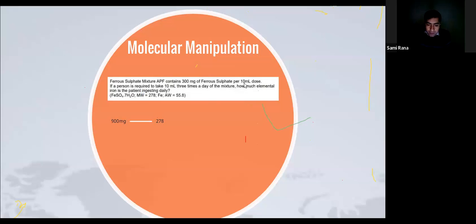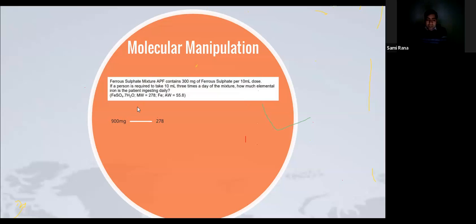We can quickly comprehend that, okay, 10 ml dose 3 times daily, there are 300 mg in 10 ml, that means 900 mg the patient is taking daily, right? Very simple. So the patient is ingesting 30 ml daily, that contains 900 mg of ferrous sulfate.